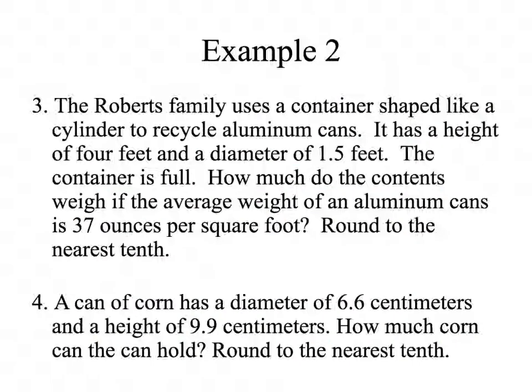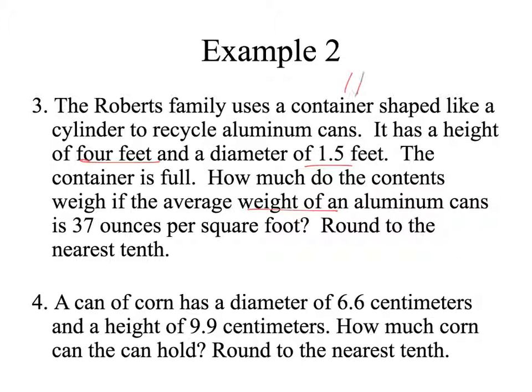So same sort of thing here. We're looking at the average weight. So we have a height of 4 feet and a diameter of 1.5. So we need to do 1.5 divided by 2. And we're going to find out that we're going to use 0.75 as our radius.